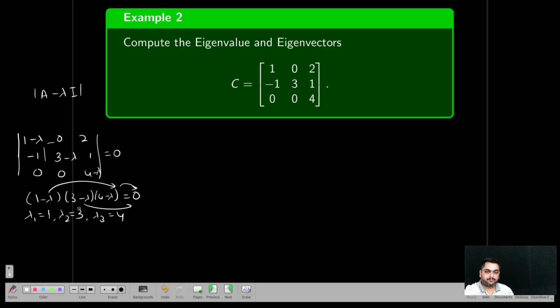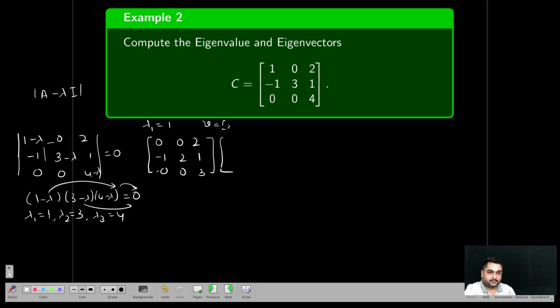Now for each of them, you find the eigenvector. So how will you find? Let's take, for example, lambda 1 equal to 1. What will I get? 1 minus 1, this matrix becomes 0, 0, 2, minus 1, 2, 1, 0, 0, 3 into vector V. See, V is now a 3 cross 3 matrix, so V will be 3 variables, right?